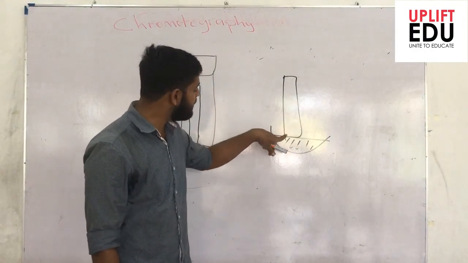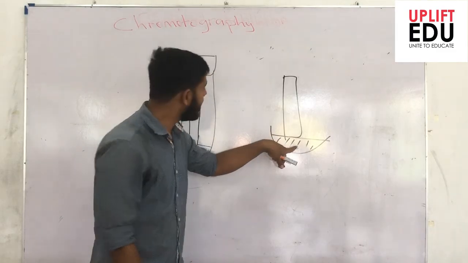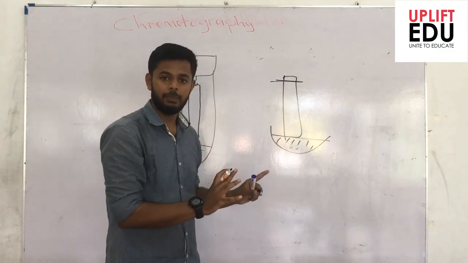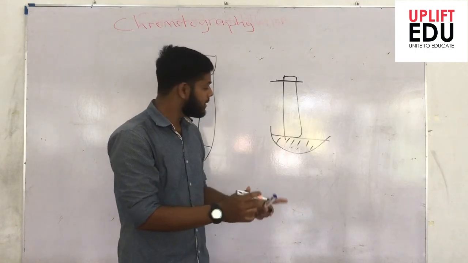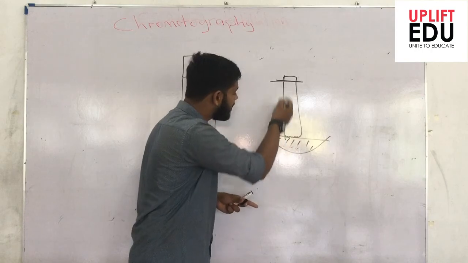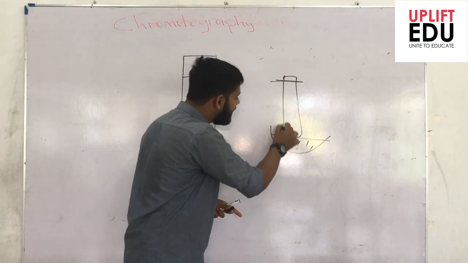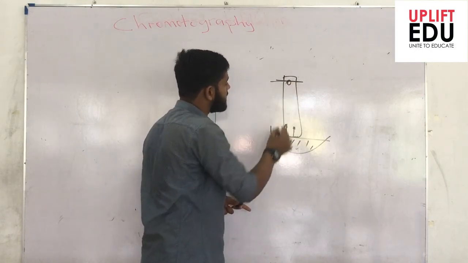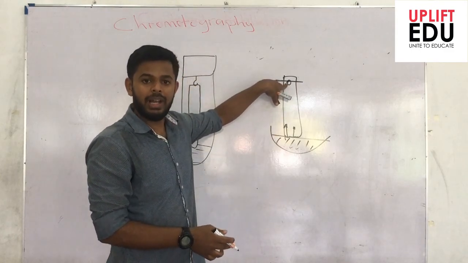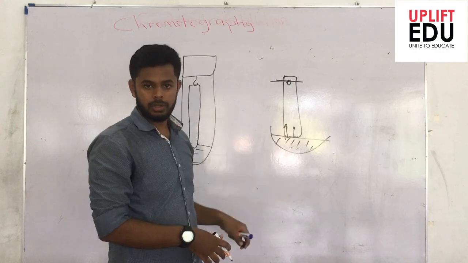I'm dipping only one end into the water and keeping the other end not touching the water surface. What happens is we can observe the water will be absorbed by this paper, and it will keep on moving to the upper surface even though only the lower surface is touching the water, and you can see the water has moved to the upper portion also, right?